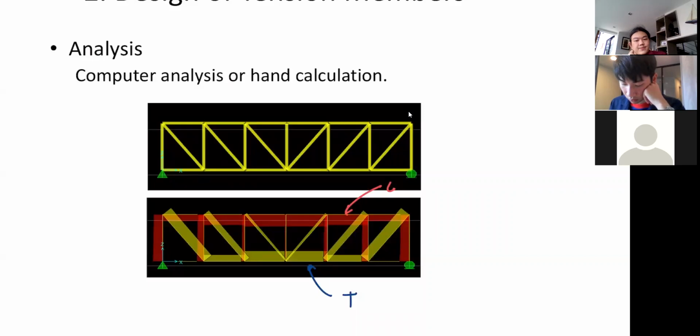Now, with this, generally the vertical web is in compression. That's normal. But with this configuration, you notice that this diagonal web is under tension.